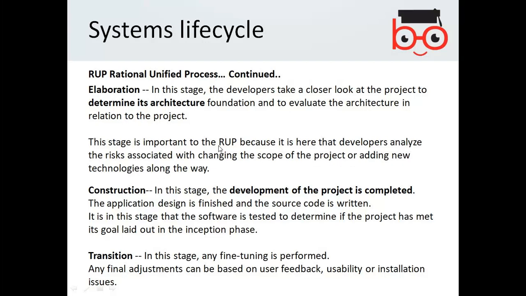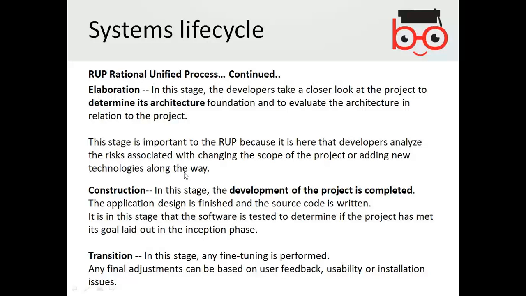So elaboration evaluates what the architecture is and whether the architecture is complete or it can raise any new changes maybe in the future. So be very clear about it.